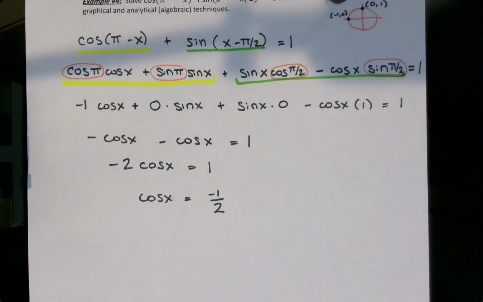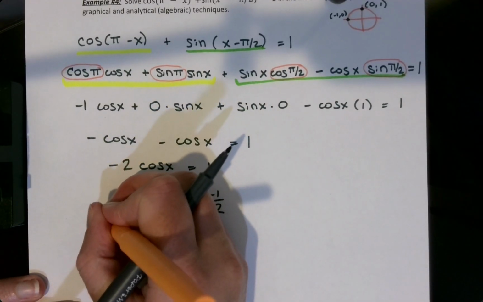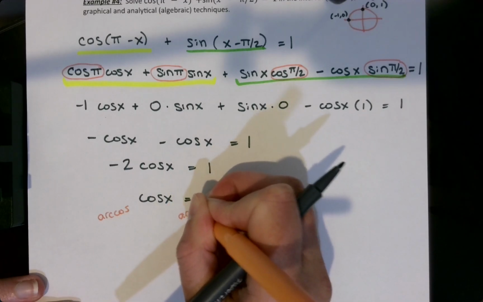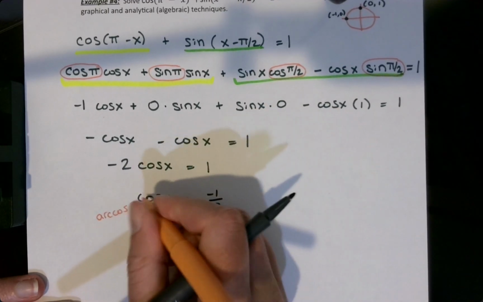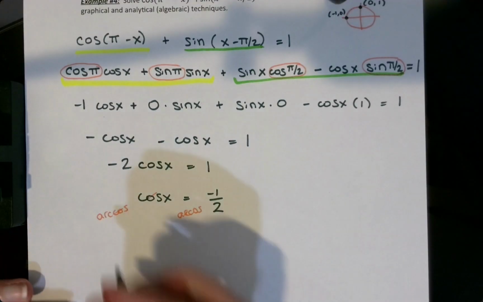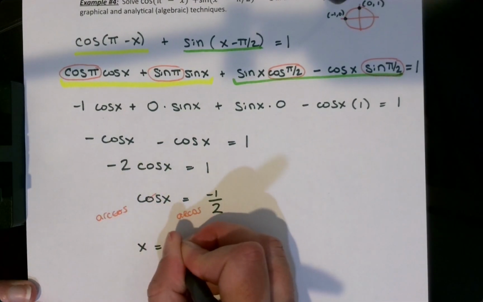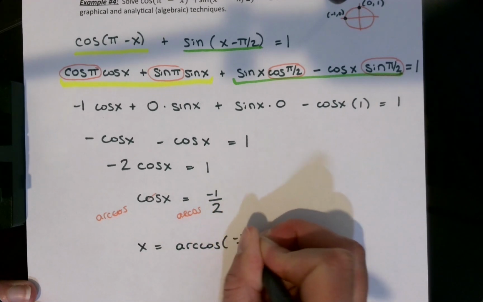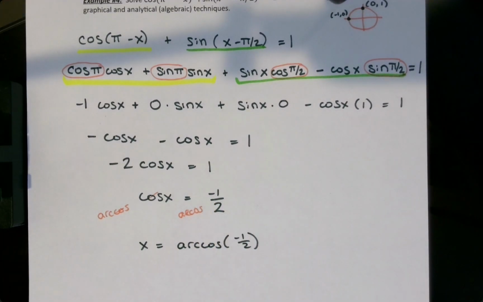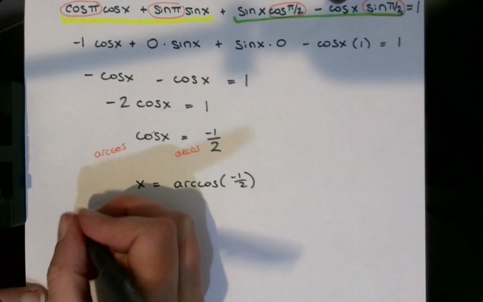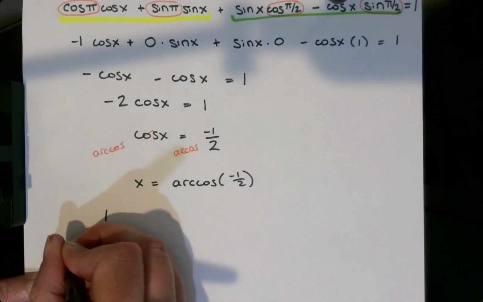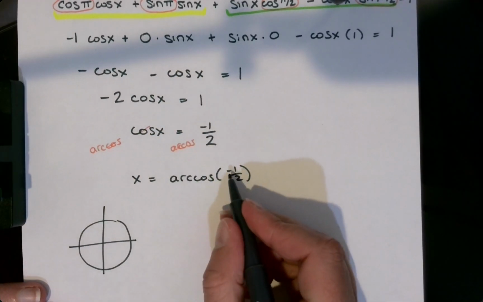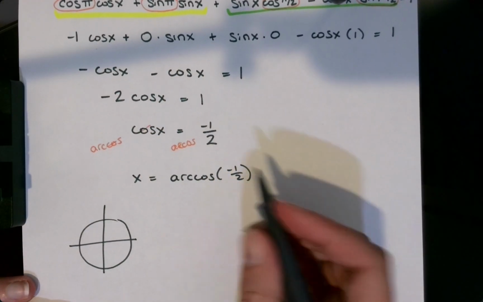Now we're able to apply the arc cosine, the inverse cosine, to both sides. And x is going to be equal to the arc cosine of -1/2. And when we use the unit circle here, -1/2 is going to refer to one of our special angles.